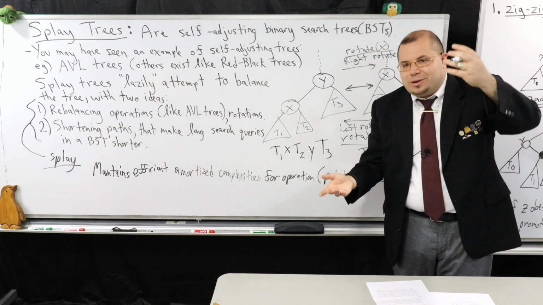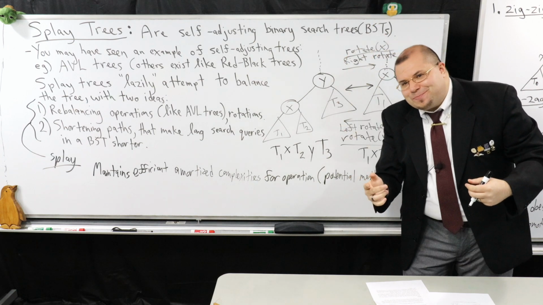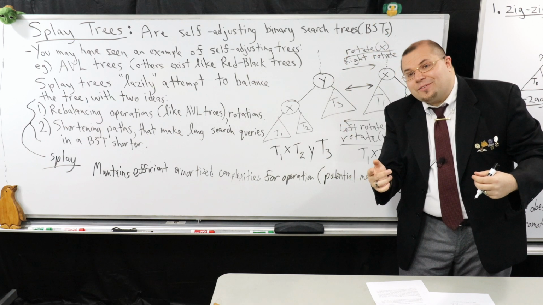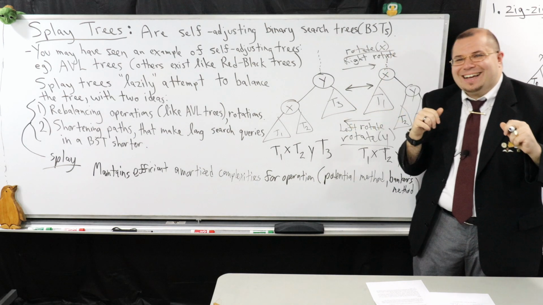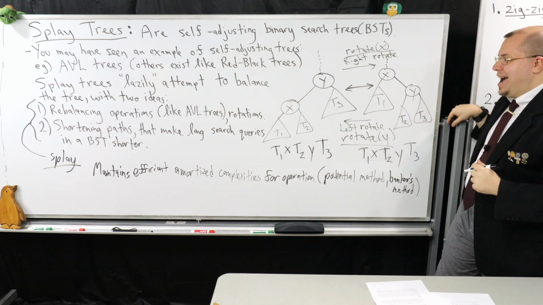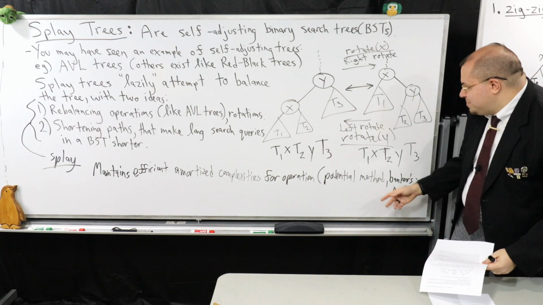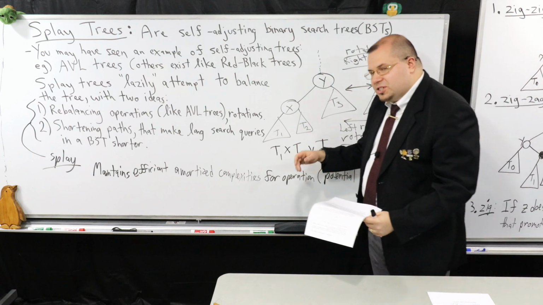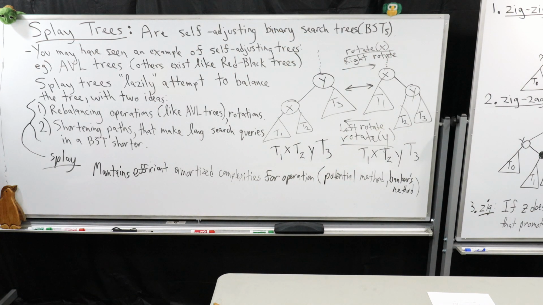By moving it to the root, it's kind of like they cancel each other out. When I do the search, that's an expensive operation, but every time I move it to the root, I've sort of paid it off a little bit. That's the intuition behind why I do this. So the potential method or the banker's method is used to get the results I'm going to tell you later. Hopefully this gives you an idea of what we're in for.